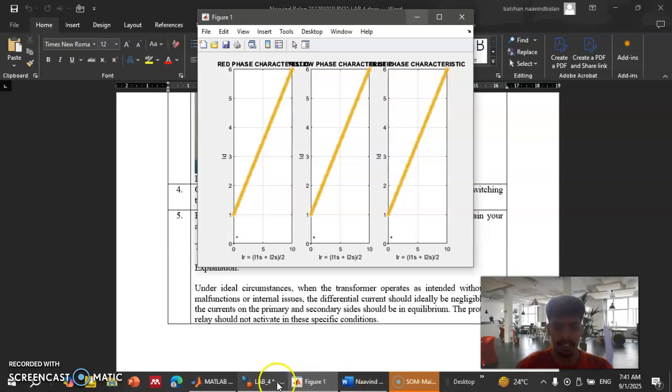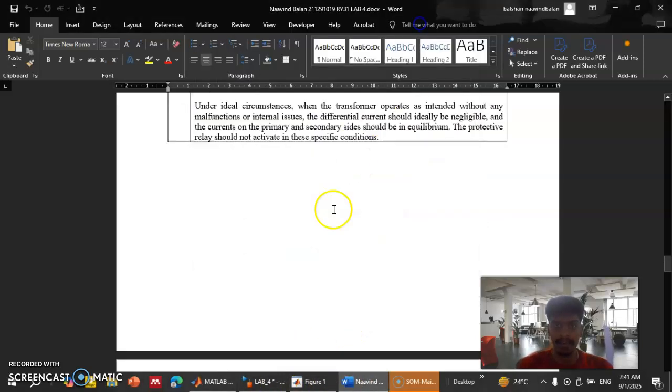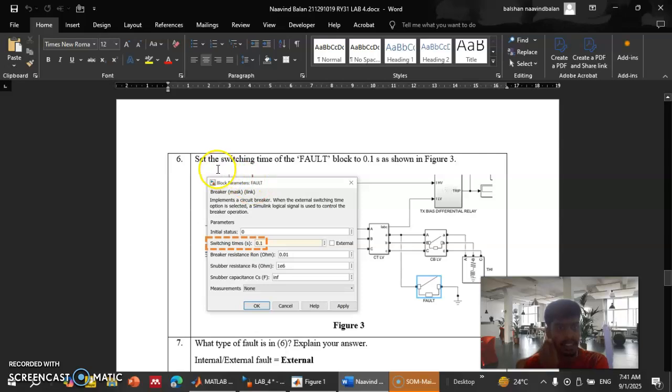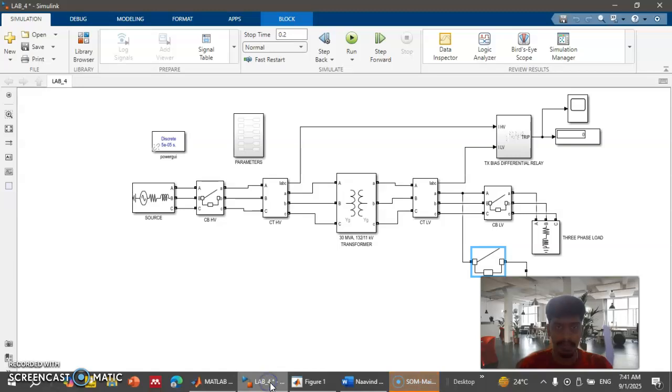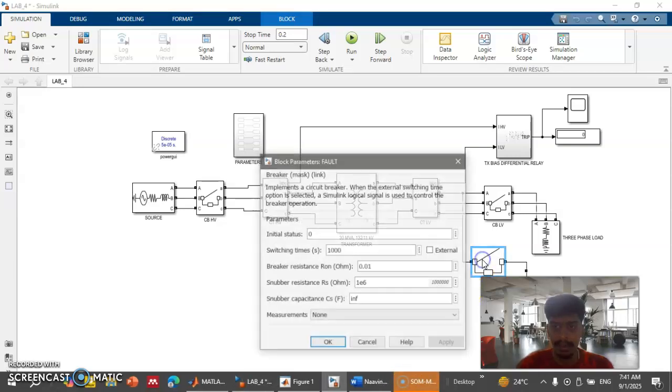Okay, so for the second part, I need to set the switching time of the fault block to 0.1, as shown in the figure. This one will be over the CB lower side, the lower voltage. So here it will be set as 0.1.